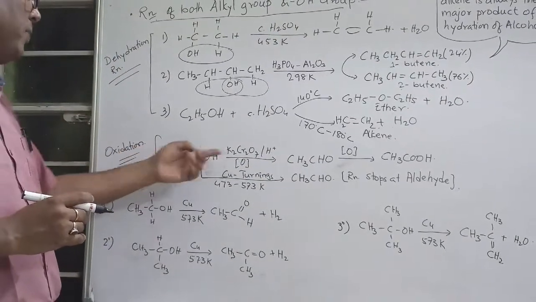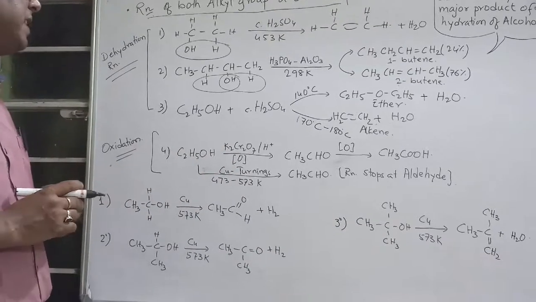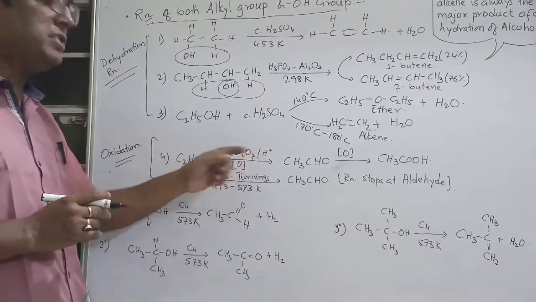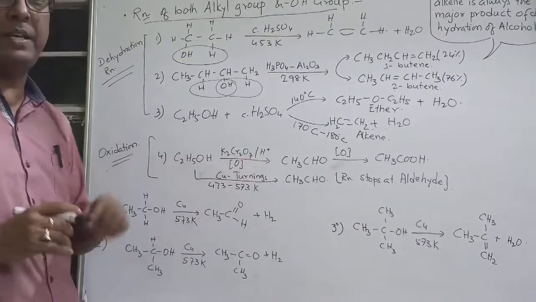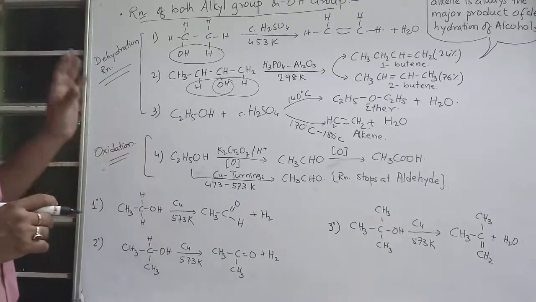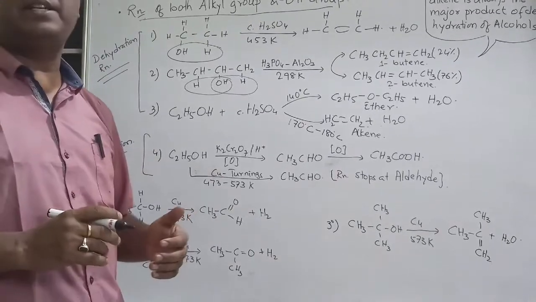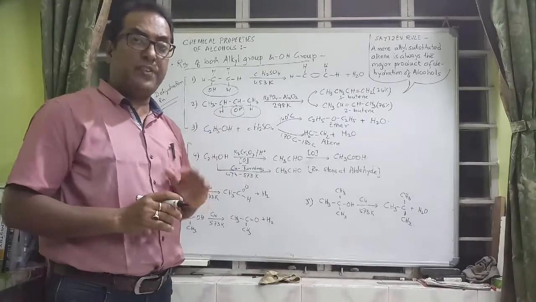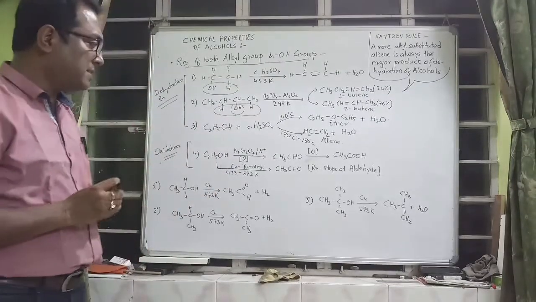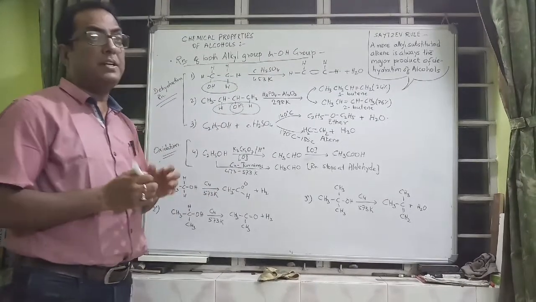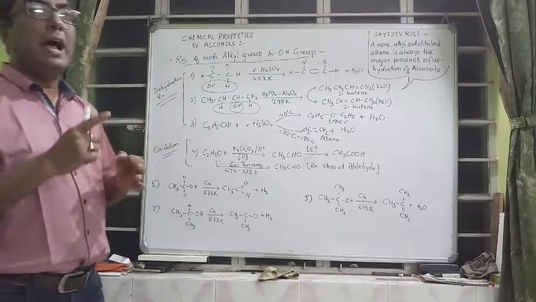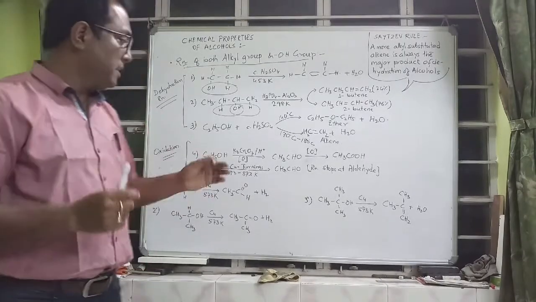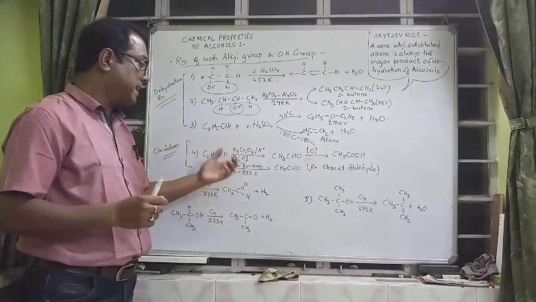So ethyl alcohol, when you are oxidizing it with K2Cr2O7 in the presence of sulfuric acid, here H plus means sulfuric acid. You know, sulfuric acid is a non-volatile acid. So in organic chemistry, we always prefer to take sulfuric acid because of its dehydrating property, its oxidation property, as well as that it is non-volatile.